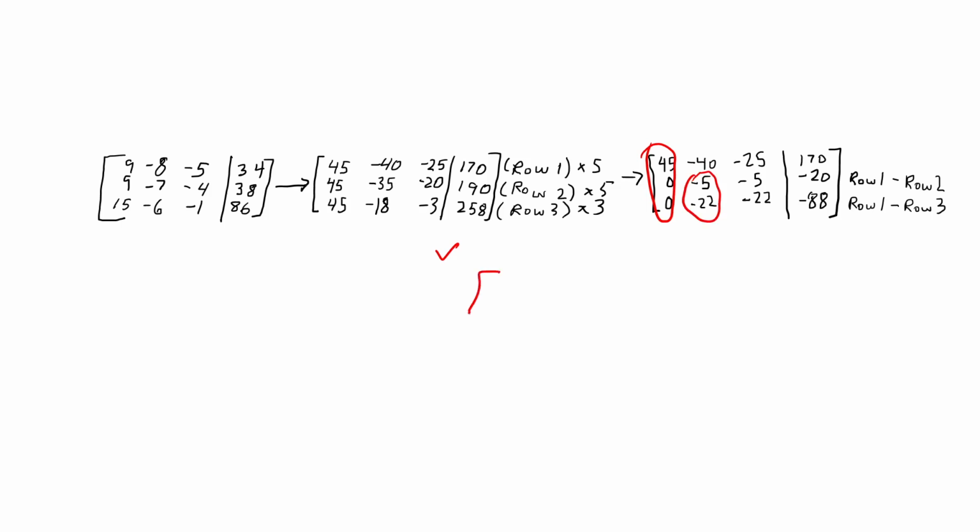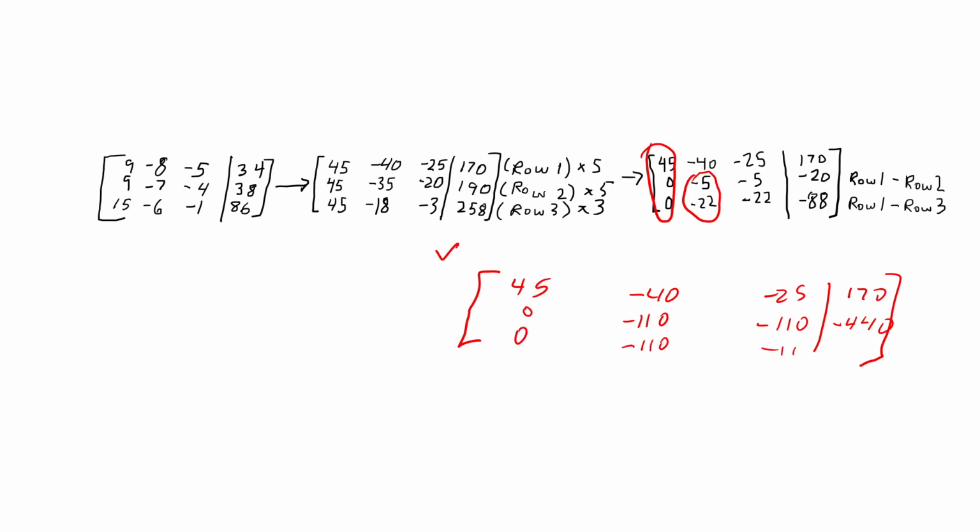Now, one way of doing that would be to leave the top row the same, just don't even change it, and then to multiply the second row entirely by 22, and then multiply the third row entirely by 5. And then after we do that, we'll be able to just subtract these two values right here.